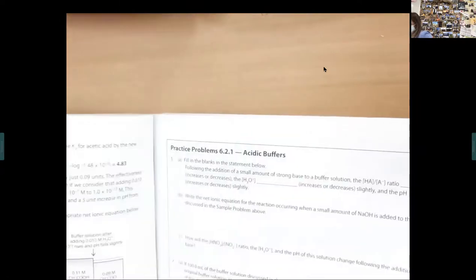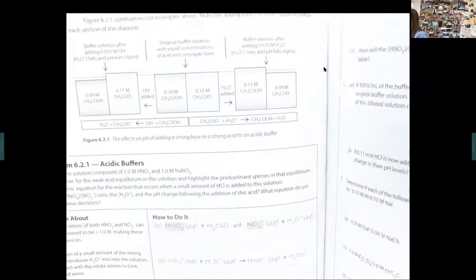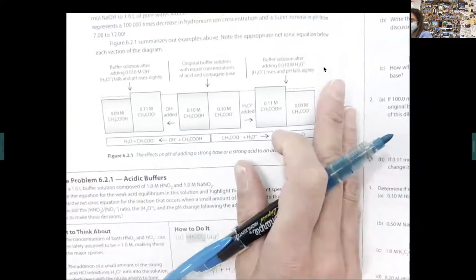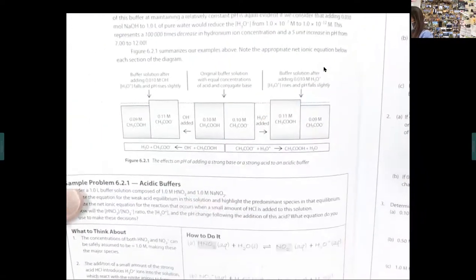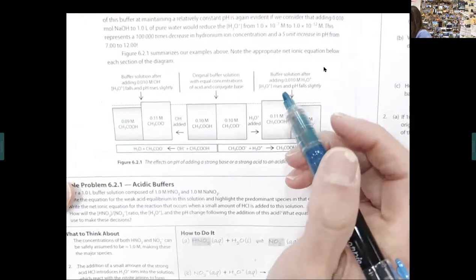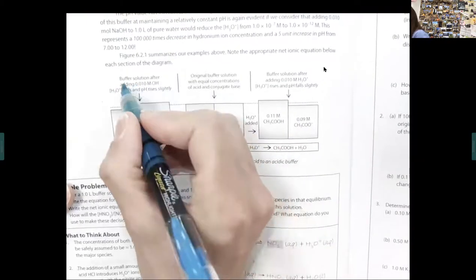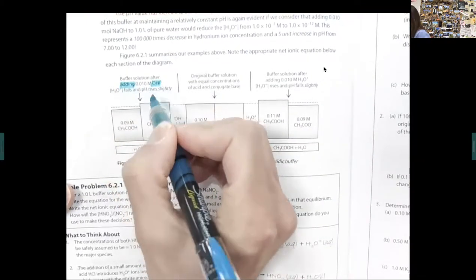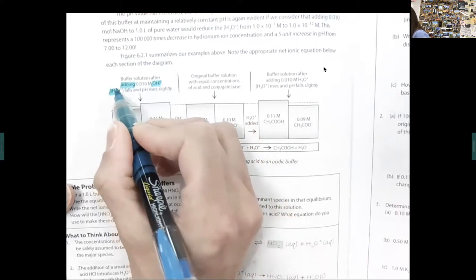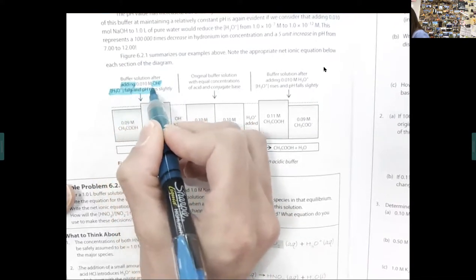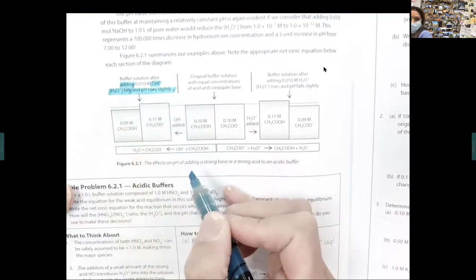Okay, now, if you take a look at the next page here. They've given you a summary right here of everything that we just discussed. So if you have a buffer solution and you added some concentration of hydroxide, the hydronium ion concentration falls and the pH rises just slightly.